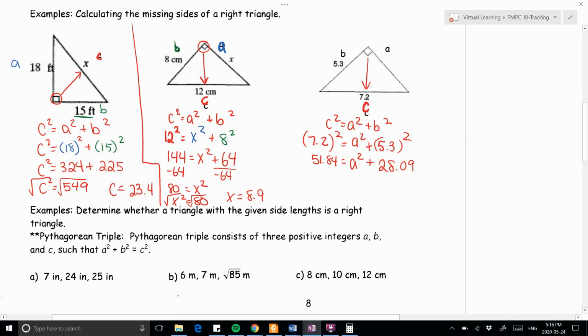And once again, we're going to move things around in a way that it's either going to make a positive or keep a positive. So because it's already positive, we're going to keep it here, and we're going to move the positive 28.09. So we're going to subtract that to get rid of it. And I'm actually going to get rid of this line in the middle because it's confusing. Remember, we're doing that on either side of that equals.